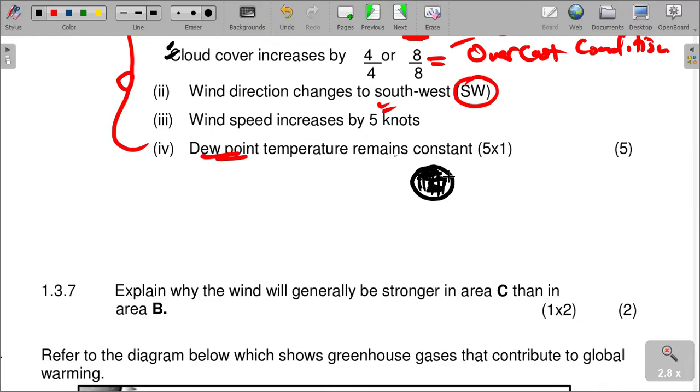The weather condition is overcast, so that we can see that everything is covered, is shaded. We have got our overcast conditions.